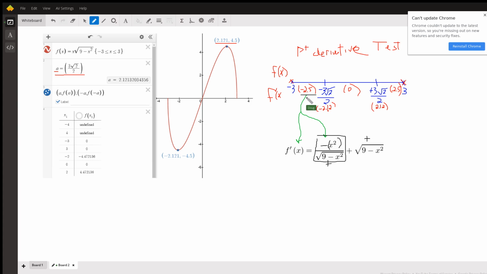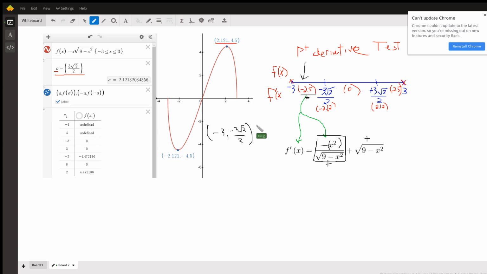The first derivative is negative in that first interval, which tells you the original function is decreasing. That means the slopes of the tangent lines are negative in the interval from negative 3 to negative 3 radical 2 over 2.